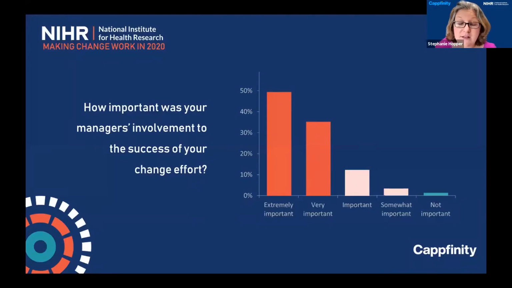This question was asked in a 2016 study, and the results found that 84% of participants ranked their manager or supervisor's involvement in a change initiative as extremely important or very important to the success of the project. However, a Willis Towers Watson study found that only 2/3 of senior managers say they get to understand the reasons behind major organisational decisions.